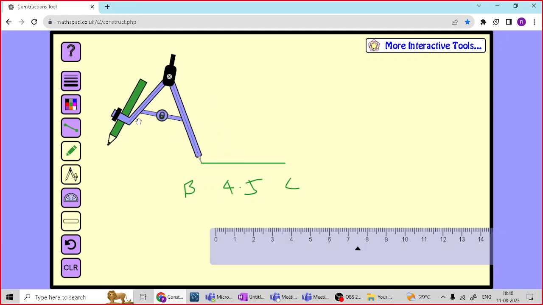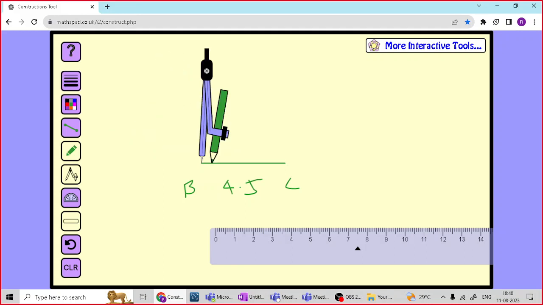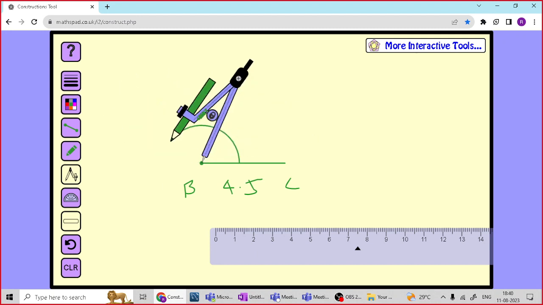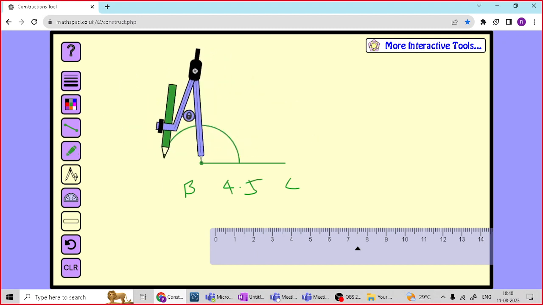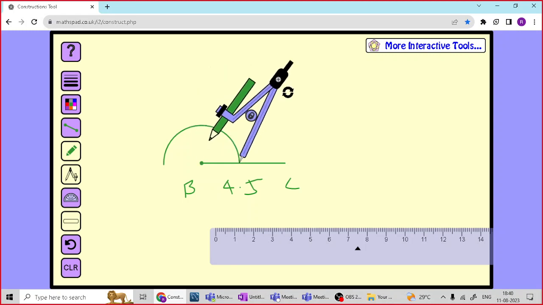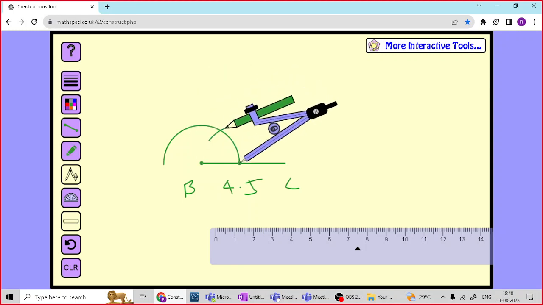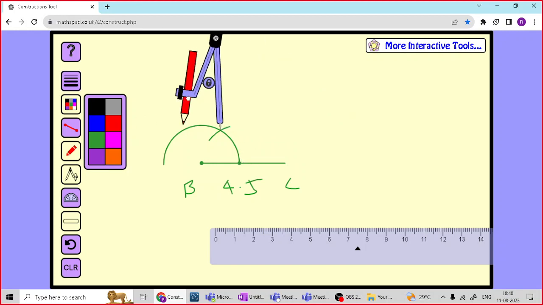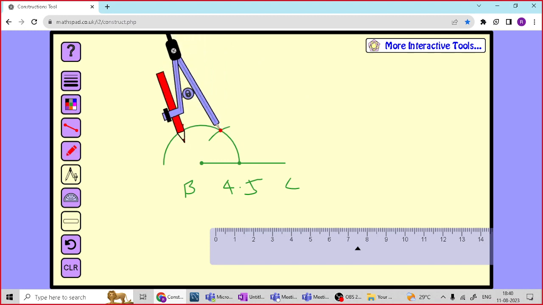Take 2 centimeters and draw 120 degrees on vertex B. Do you know how to draw 120 degrees, 60, 120? From this point, one strike is 60 degrees. Then from 60 degrees, you strike another arc, that becomes 120 degrees.